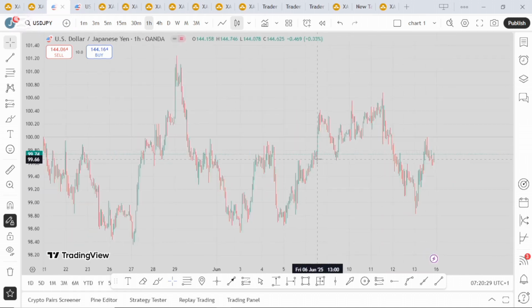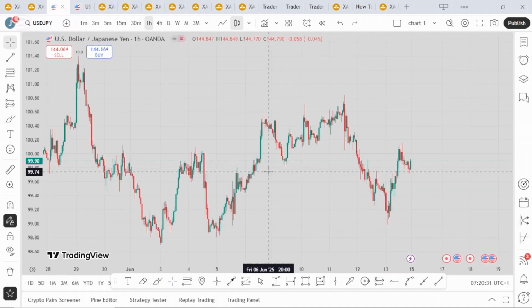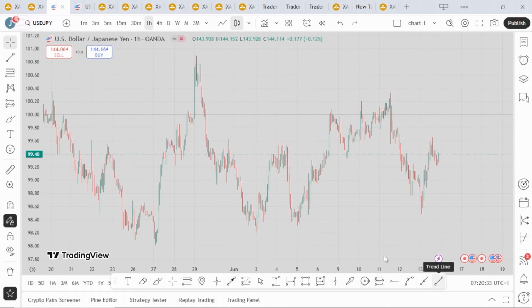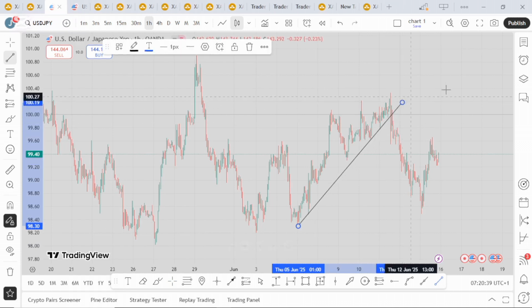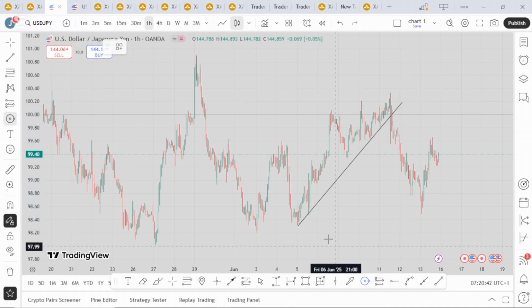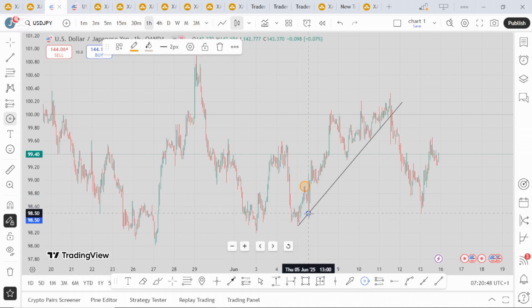Now it's still the same concept, guys. Once you see price in this zone, take note of this zone here. All this zone has been a bullish market structure. This is a higher low that we have. Price formed this, came and formed this one also, and came and formed this one.